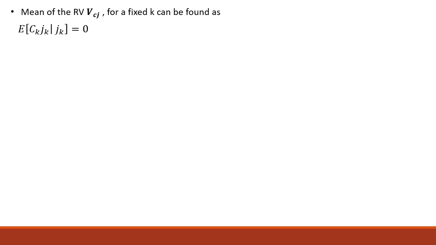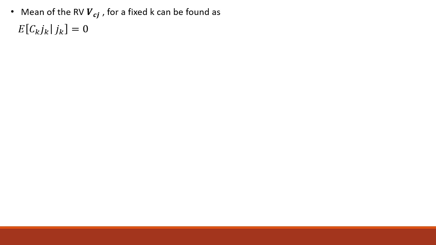Now that capital VCJ is a random variable, we can calculate its mean and variance. First, for calculating the mean of the random variable capital VCJ, we assume that the value of k is fixed and we need to calculate the expected value of ck into jk given jk. If we calculate this mean value, it can be found that this is equal to 0.